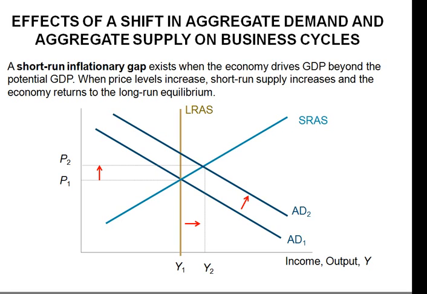There is more aggregate demand than there should be. So price should be P1 but we are at P2, and output level should be Y1 but we are at Y2. So this is an inflationary gap because it is going to increase the price level.